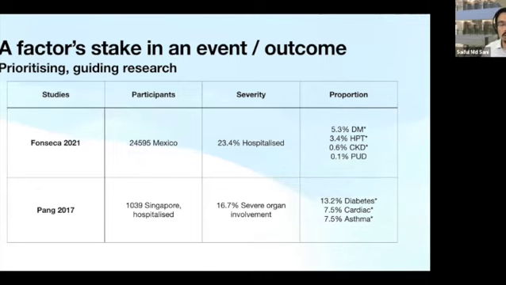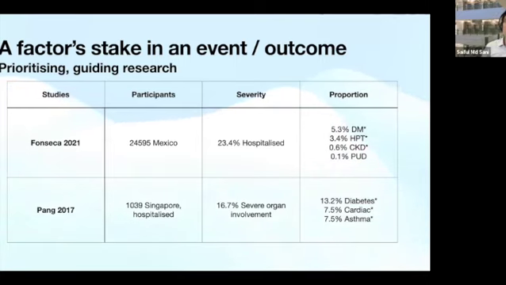I think this is important to appreciate, because when we do a study, we need to calculate the sample size and we need to figure out how long the study would take. So as you can see here, if you were to just take the hospitalized cohort and see who dies or who develops even further severe illness, you will appreciate that from all the hospitalized dengue patients, only 5.3% had diabetes.